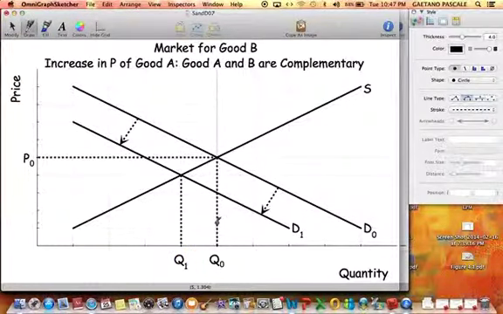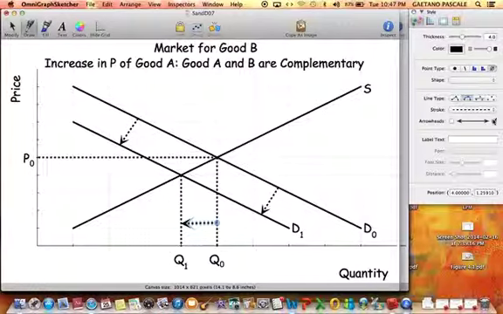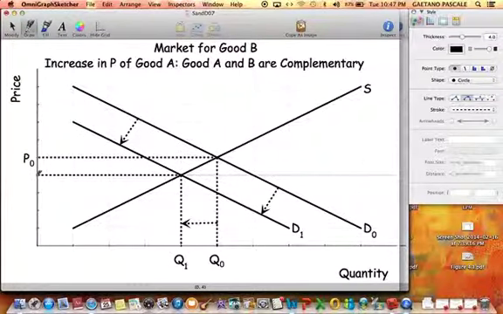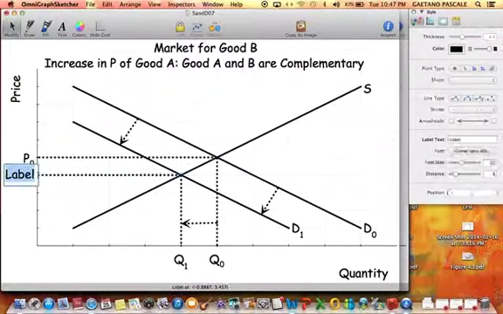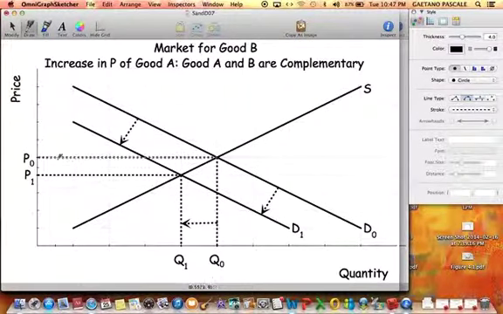And to illustrate that the equilibrium quantity fell, you can just draw a little arrow in to show that there's a decrease in the equilibrium quantity from Q0 to Q1. If we want to illustrate the equilibrium price, we go from that same equilibrium point to the left. That gives us the new equilibrium price, and as we can see here, the equilibrium price fell from P0 to P1, and then we draw in an arrow to indicate that.